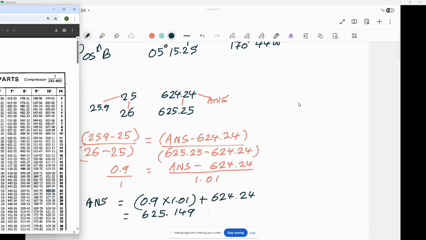Are we clear, guys? Let's round it to 2 decimal places, which is going to be 15.